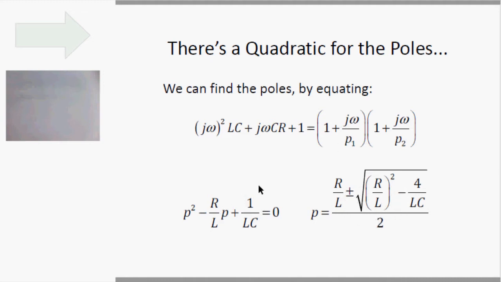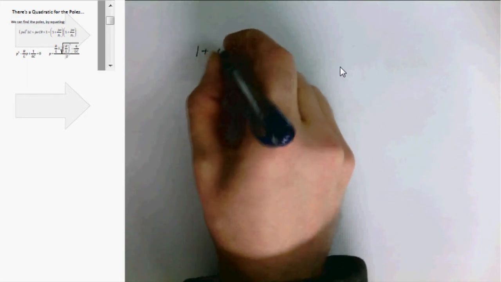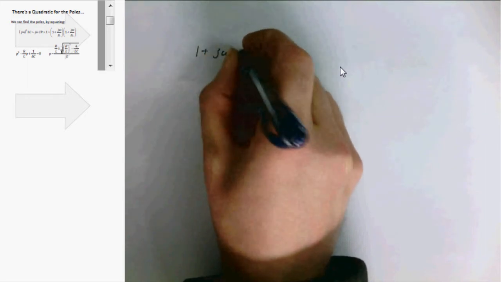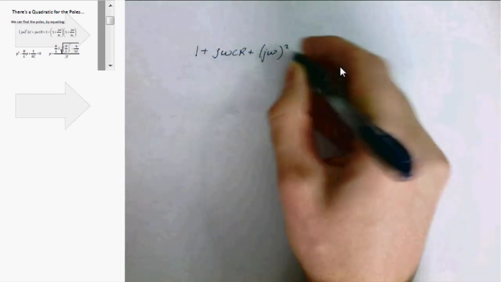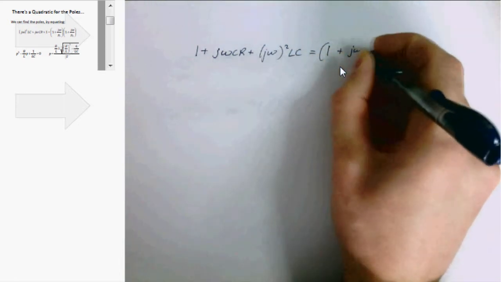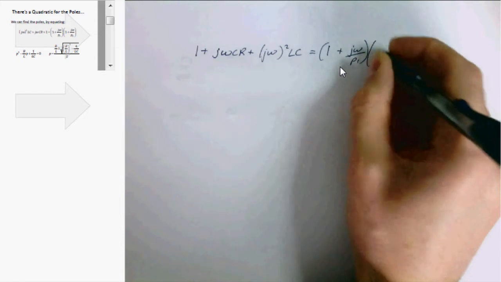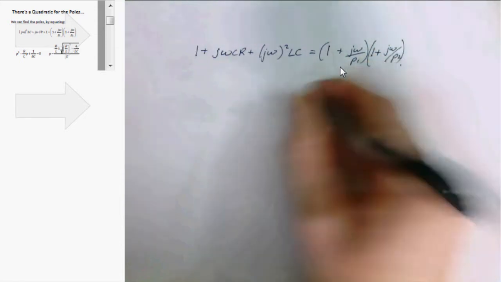For those who want to go through the algebra, because it is something that you may be asked to do in an exam, it would run something like this. 1 plus j omega CR plus j omega squared times LC equals 1 plus j omega over the first pole times 1 plus j omega divided by the second pole.